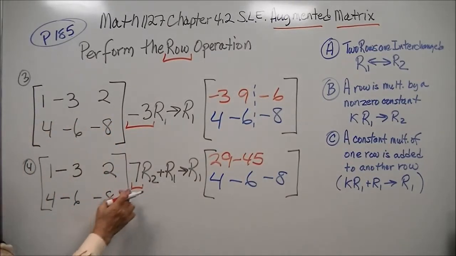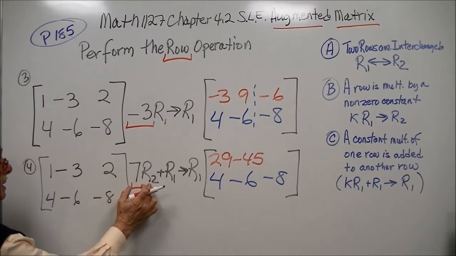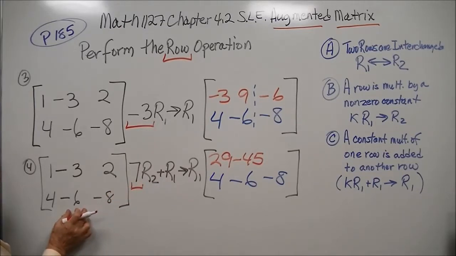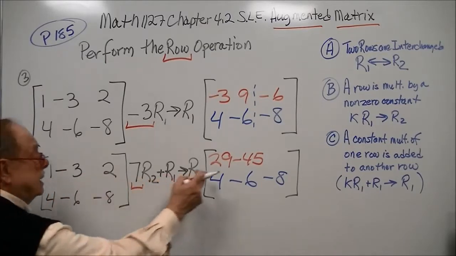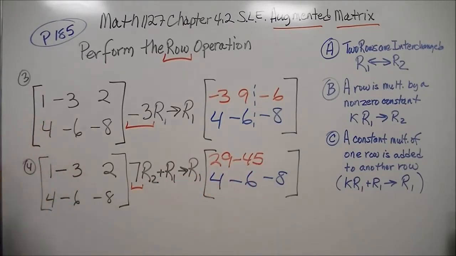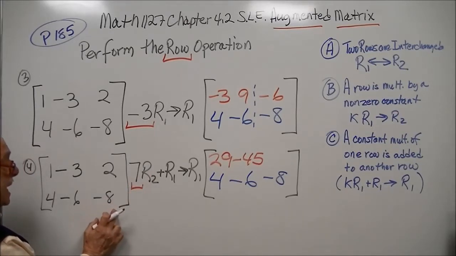So again, 7 times our second term in row 2, a -6, gives me a -42, and a -3 gives me a -45. 7 times a -8 gives me a -56.